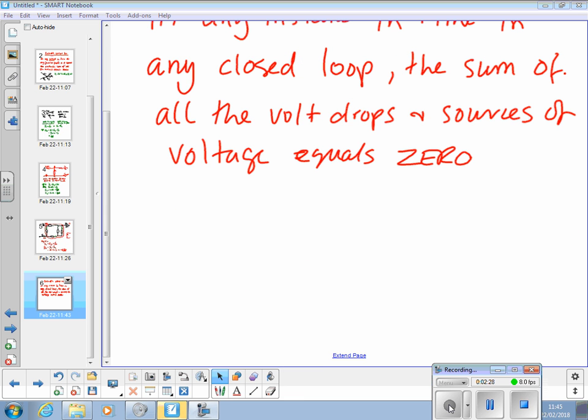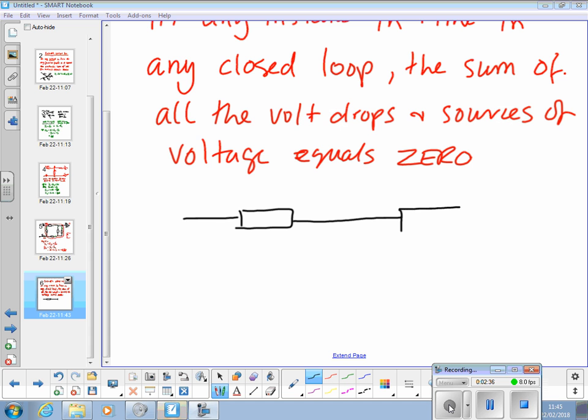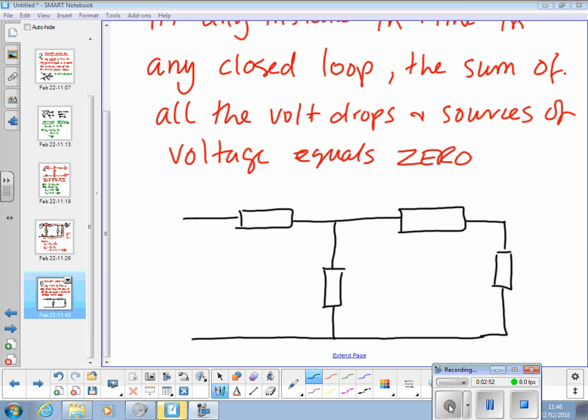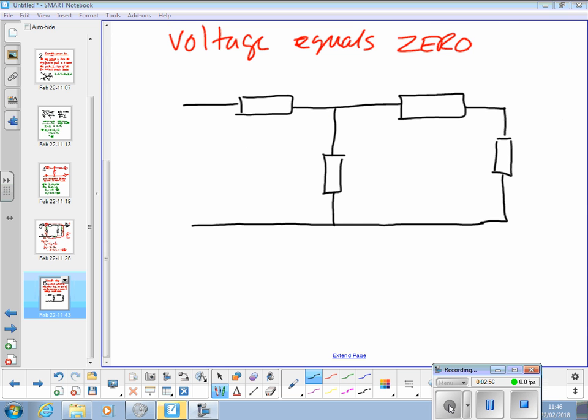So, what we're saying here is, if we have a circuit like so, and the source like so, we've got currents flowing in all these legs.